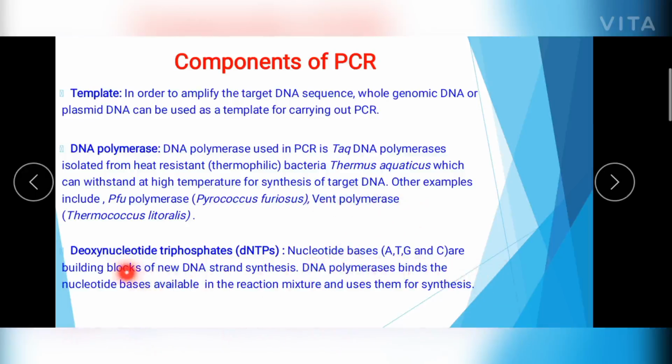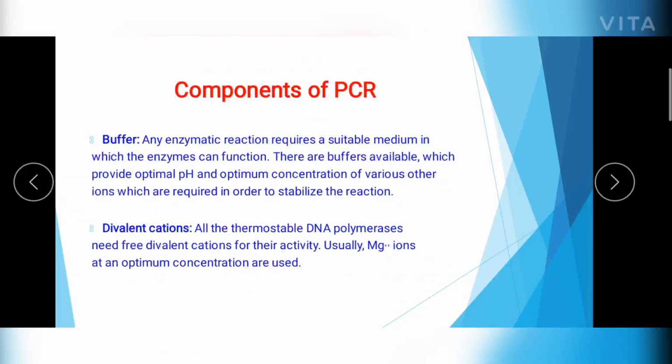Okay, coming to the next component, deoxynucleotide triphosphates. These are the monomeric units, the nucleotide bases like adenine, thymine, guanine and cytosine, and they are the building blocks of new DNA strand synthesis. If you add these monomeric units in the presence of the DNA polymerase, the chain extension occurs.